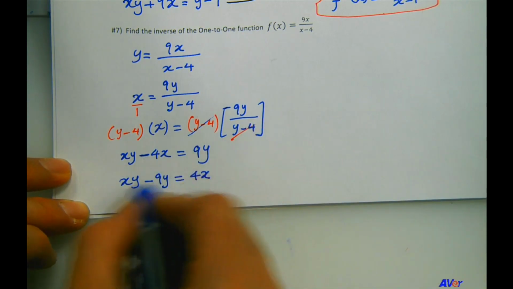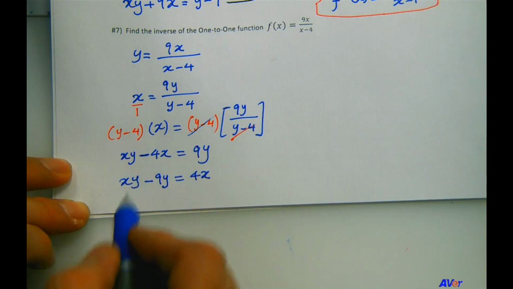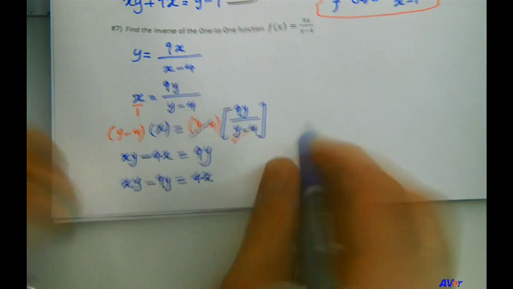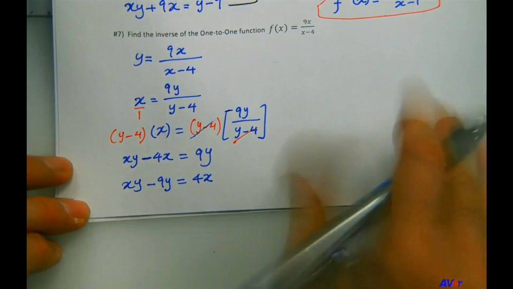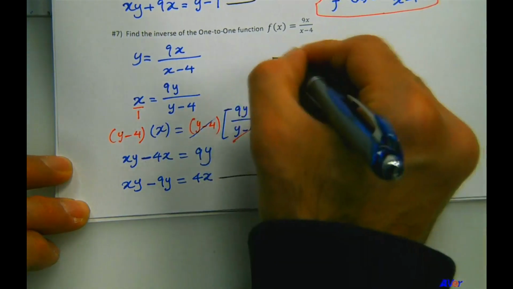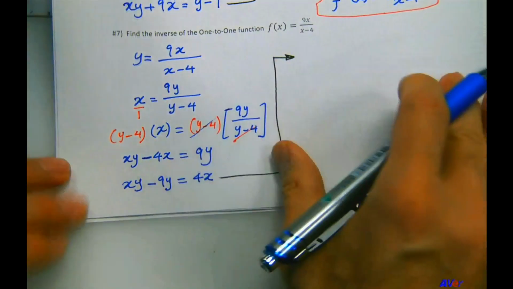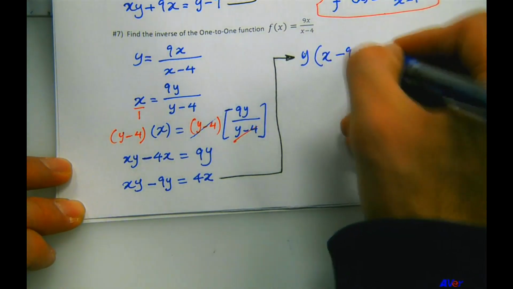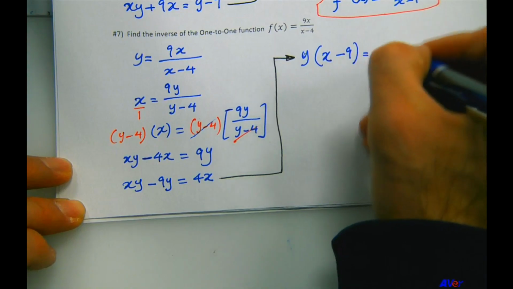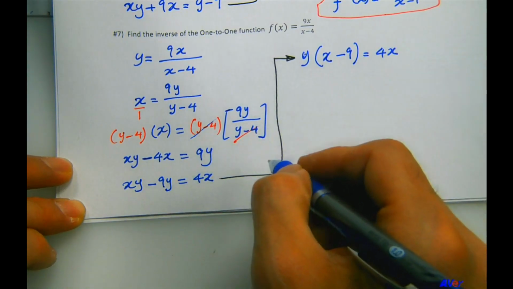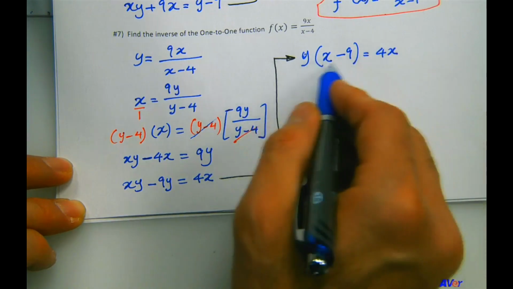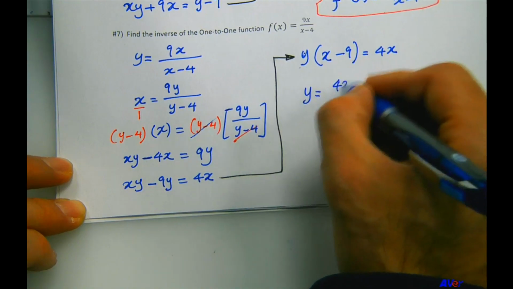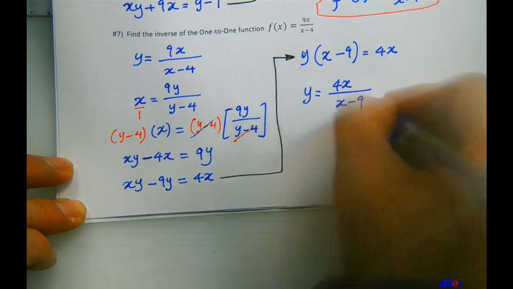Now, what do we do? We have y, the variable we're solving for, in two terms, right? We need to isolate it, so we have to factor. Okay, factoring, we have y times x minus 9 equals 4x. And then dividing both sides by x minus 9, right? So to solve for y. So y is equal to 4x over x minus 9.